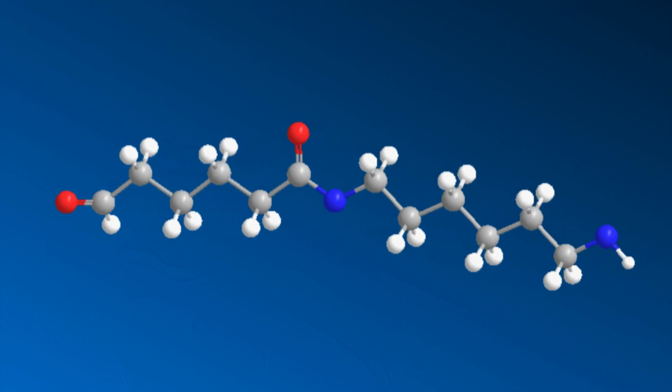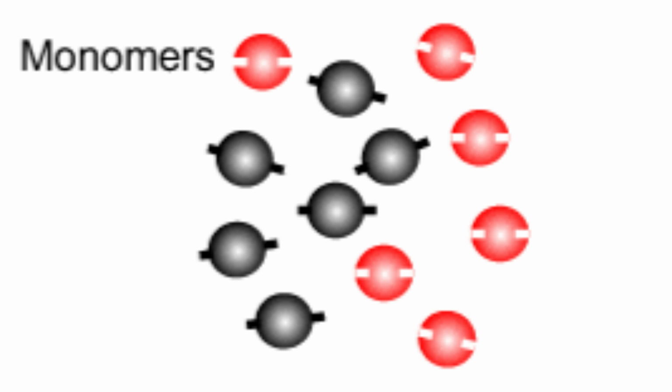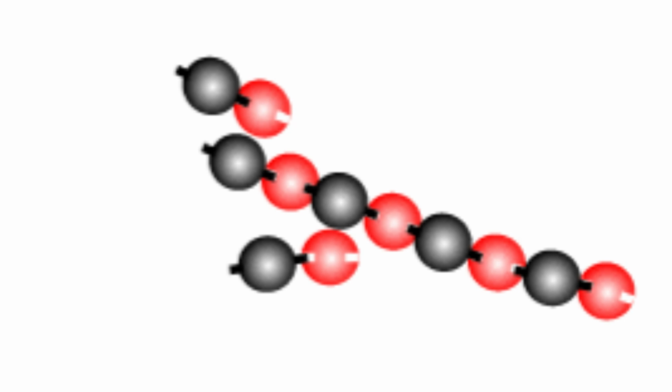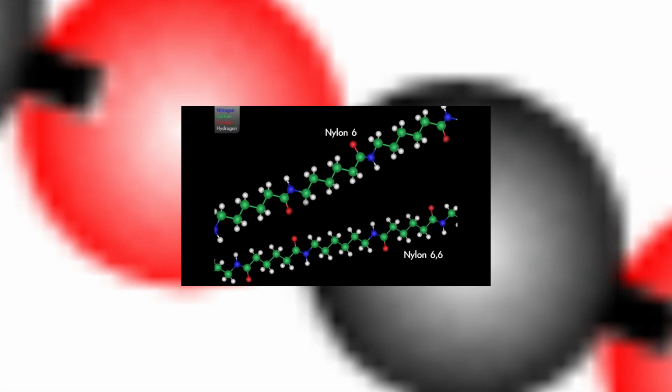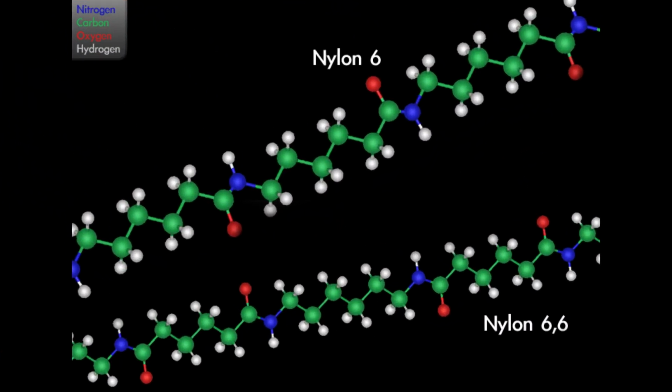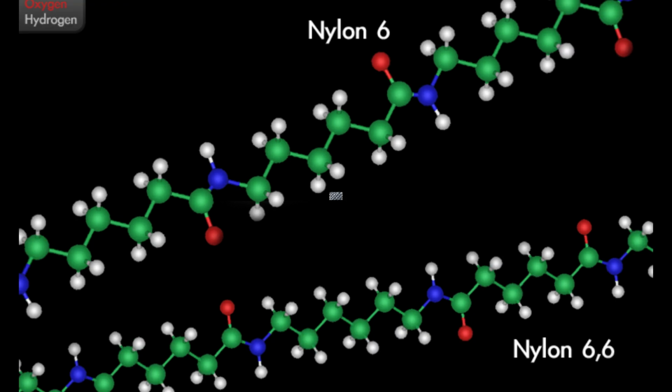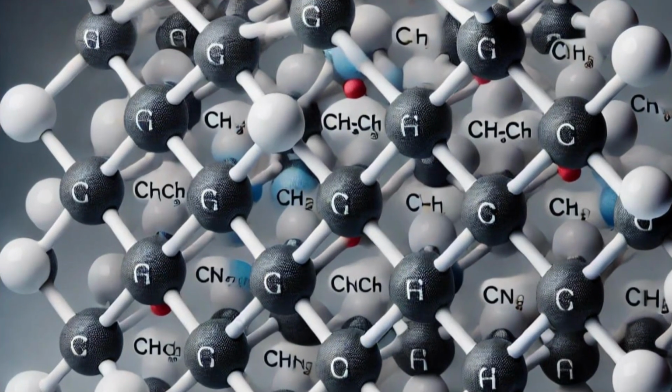In this process, the small molecules are chemically bonded to form long chains called polymers. As for example, nylon is made from polyamide. Polyester is made from ethylene glycol and terephthalic acid.